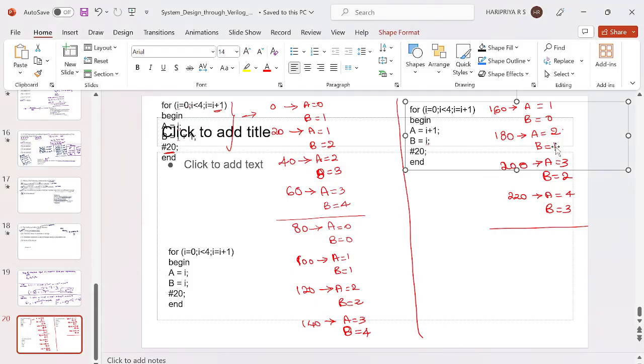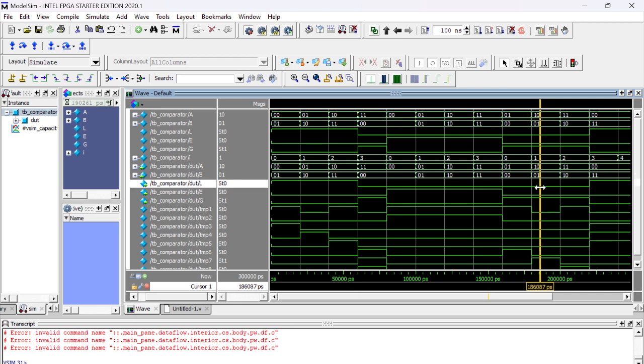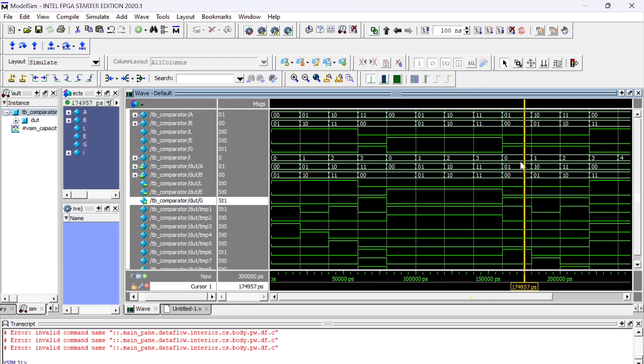At 180, A is 2, B is 1. Now is it clear? This for loop execution alone. Yes, madam. So you can see the same thing, and here at 180 this is changing. Sometime before the 180 will be the previous value retaining.